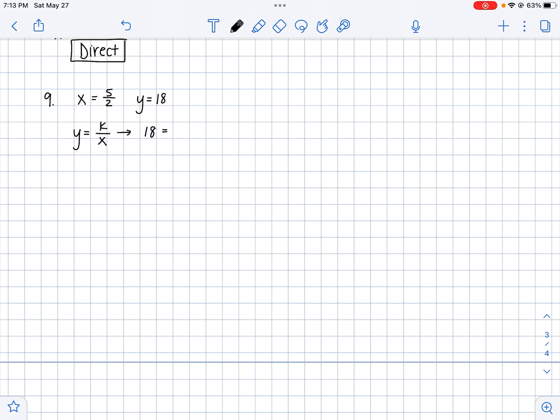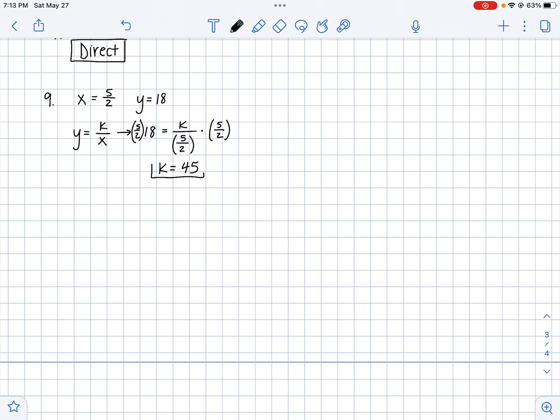I'm going to write an equation and then I'm going to solve. So 18 is equal to k over 5 halves. In order to move that to the other side, I'm going to multiply both sides by 5 halves. And I'm going to get that k is equal to 18 times 5 halves.